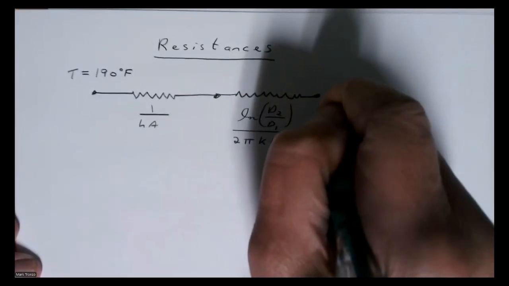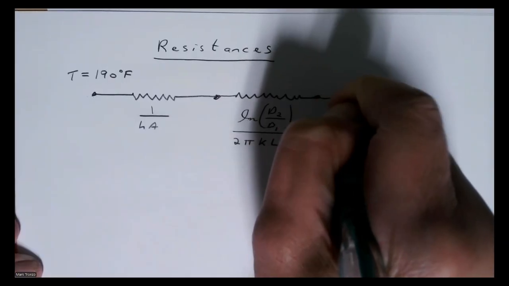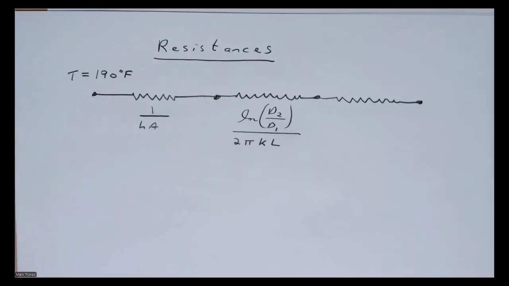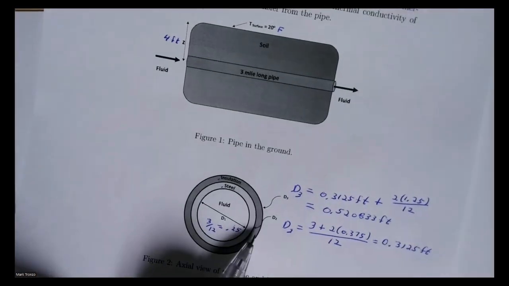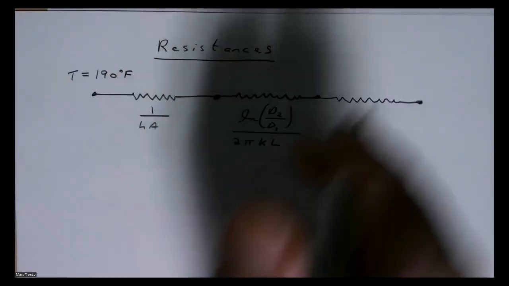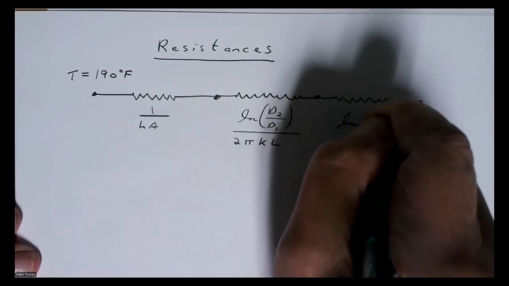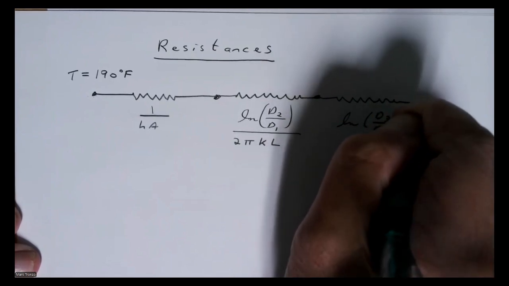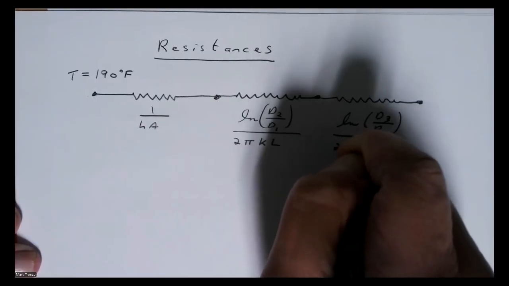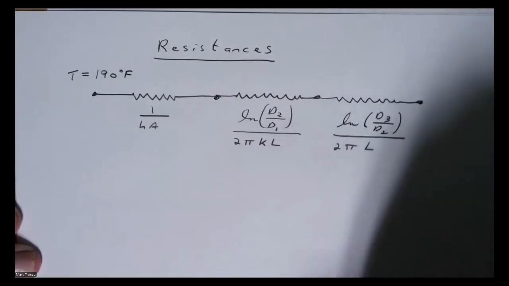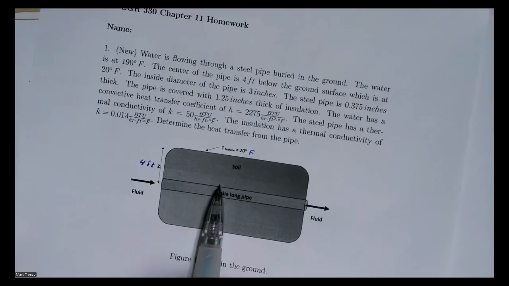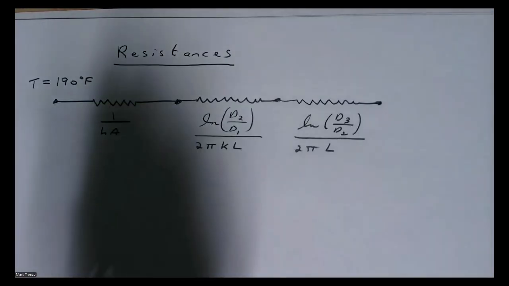Then we're going to have heat transfer through the insulation, between D2 and D3. That's also going to be log D3 over D2, divided by 2 pi K L. And then finally, once it gets through the insulation, there's heat transfer up through the soil.